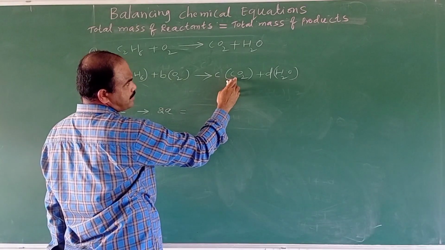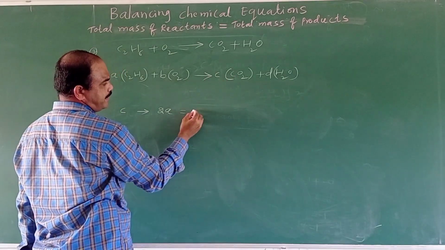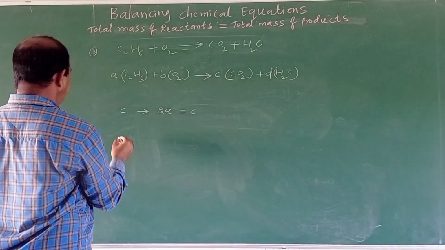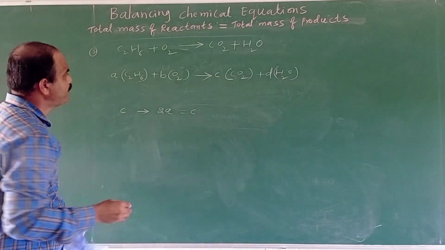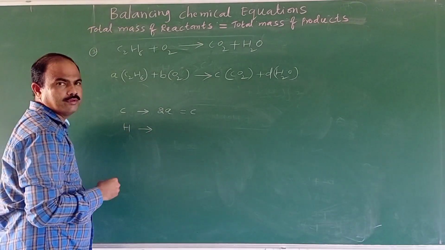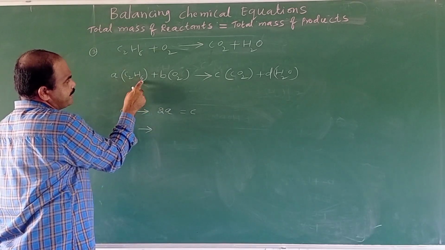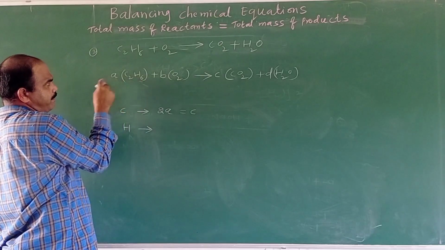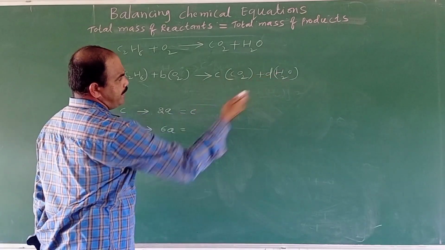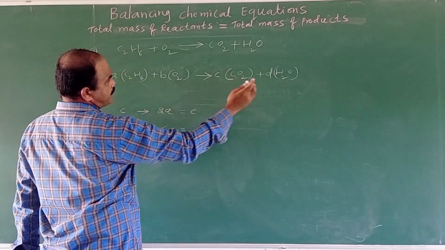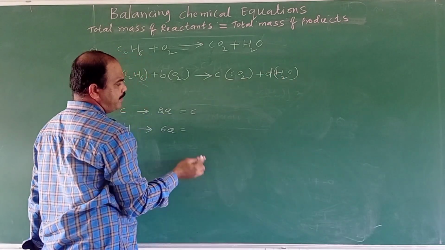How many carbons come out on the product side? Here one carbon is there, multiplied with C, so 1 into C, C. This carbon is over. Next, coming to the hydrogen. How many hydrogens are participating on the reactant side? Here H6, 6 atoms, multiplied with A, so 6A equal to. On the product side, there are 2 hydrogen atoms, multiplied with D, so 2D.